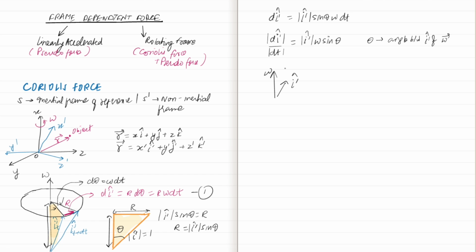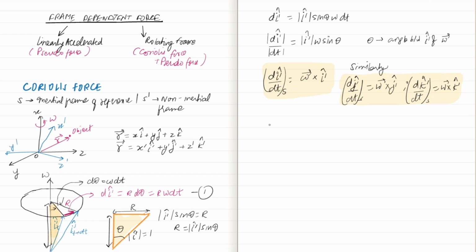So we can write this expression as d of i dash cap by dt is nothing but omega cross i dash, which is i omega sine theta. This is our expression, and obviously this is with respect to the inertial frame. So we write di dash by dt with respect to the inertial frame is equal to omega cross i dash. Similarly we can get the other expressions.